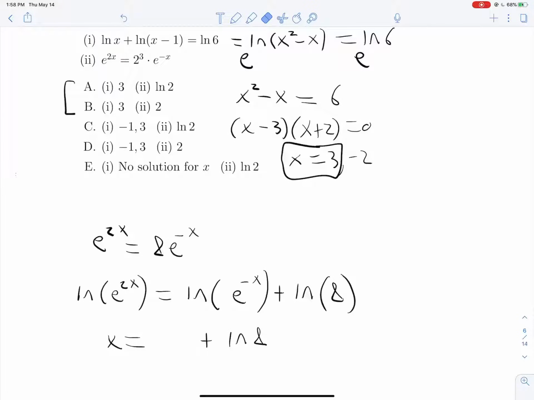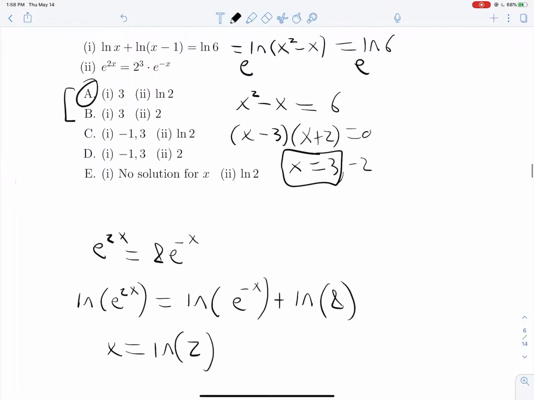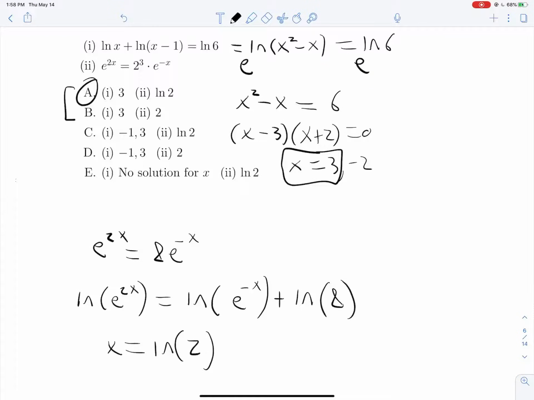Simplifying this down, we have 3x is equal to ln 8, and dividing by 3 here, because we're multiplying this by 1/3, it's the same thing as raising this 8 to the 1/3 power. And the cube root of 8 is 2. So ln 2 is our answer, and that gives us A for question number 4. I hope that whole thing made sense.